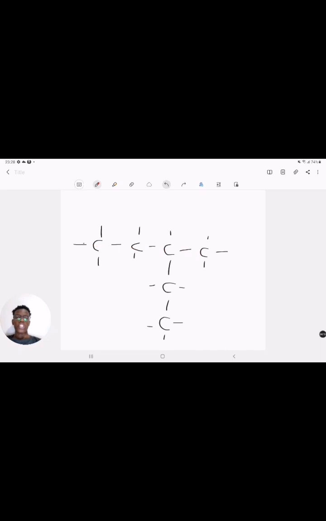Now, which other chain do I have? Without breaking the line, this is another chain that I have. It's a line that I can draw through successive carbon atoms. How many carbons do I have in this chain? I've got 1, 2, 3, 4, 5. Now 5 is bigger than 4, so this is my biggest chain.